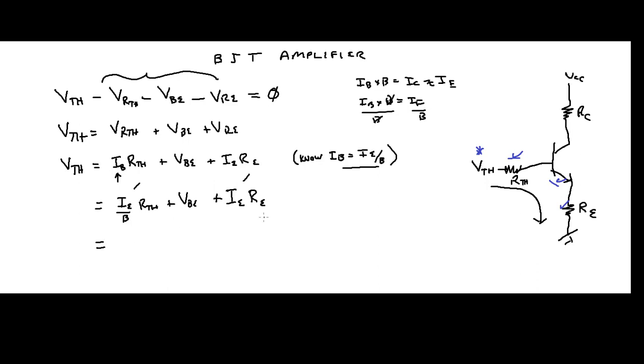And we'll put this off to the side, okay? So we'll say this is going to equal IE times RTH over beta plus IE RE, plus VBE, right?